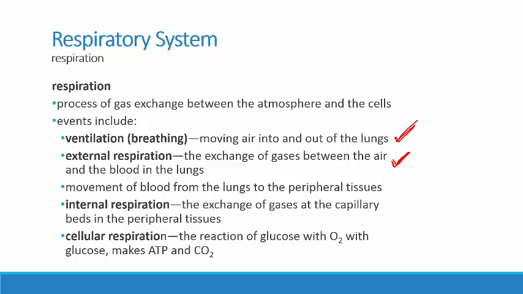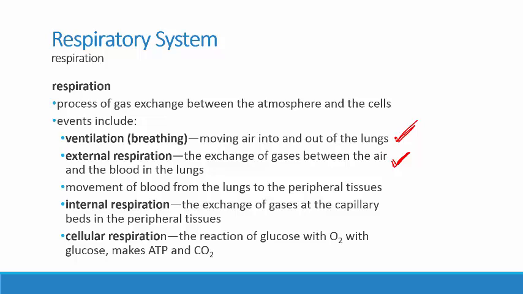And with internal respiration, the gas that has been moved into the blood gets moved into the peripheral tissue fluids. And then from there, it will move into the cells that are out there in those peripheral tissues. So oxygen moves from the blood into the body fluids and then on into the cells where we're going to use that oxygen to help make ATP.